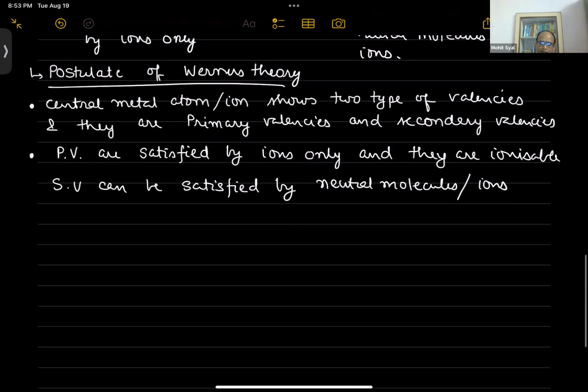Is it clear or not? So primary valencies are satisfied by ions, and they are ionizable. Secondary valencies are satisfied by neutral molecules or ions, and they are non-ionizable. Jasleen, is it clear to you? Any doubt? No, sir.